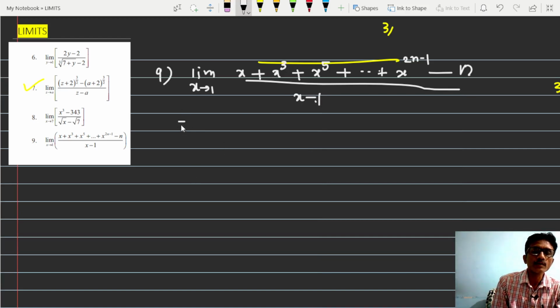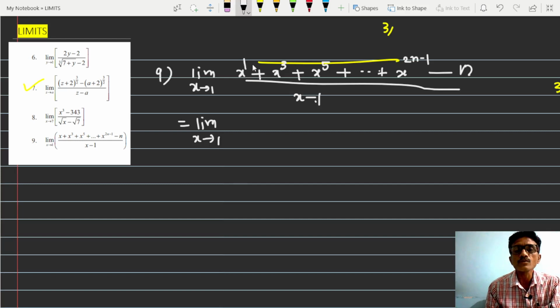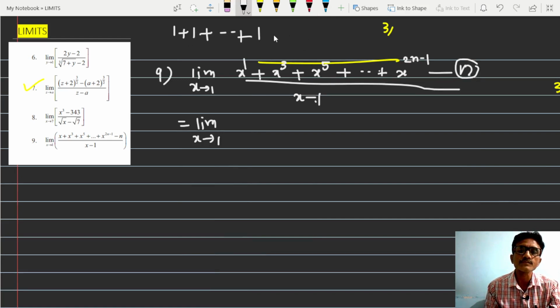It is limit x tends to 1. See, there are n number of terms. ये x raised to power 1 है, ये 3, 5 ऐसे 2n minus 1. So these are odd powers, 1, 2, 3 up to n terms है. और ये जो लास्ट में n है, n को भी आप एक्सप्रेस कर सकते 1 plus 1 plus 1 ऐसे n number of times.